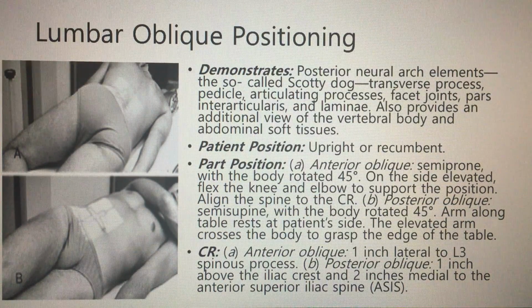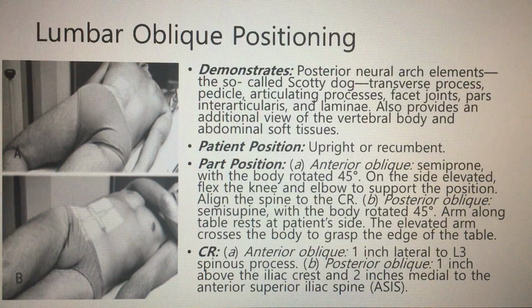Lumbar oblique position is good for zygapophyseal joints. Patient is semi-prone with the body rotated 45 degrees. Anterior oblique is for the opposite side of the zygapophyseal joint.